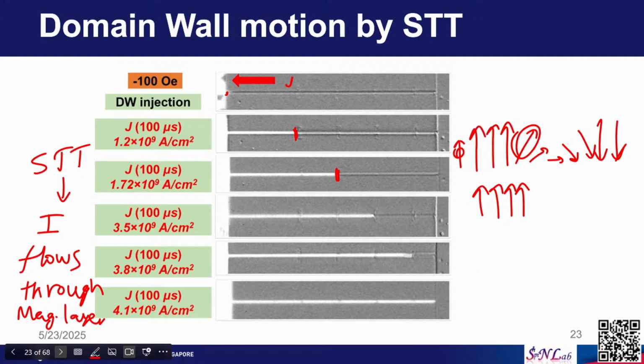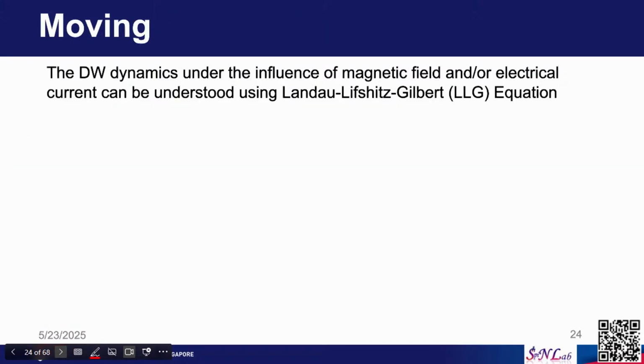This mechanism I described, that is the mechanism of spin transfer torque. The current flows through the magnetic material and the spins interact with the spins of the magnetic material and move the domain wall, that is spin transfer torque mechanism.